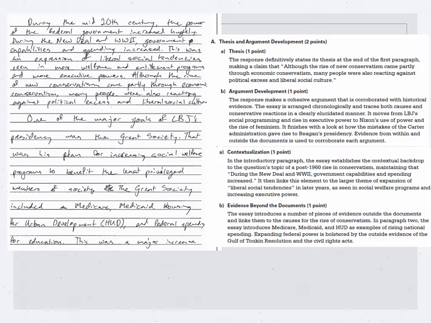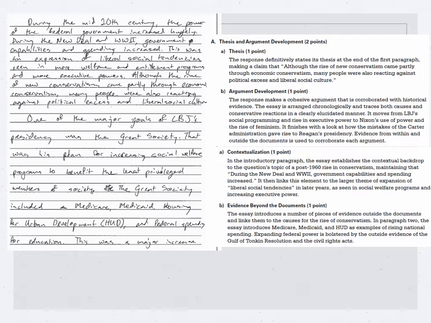So then the student is able to link this to the larger theme, and we talked about those APUSH themes of expansion of liberal social tendencies in later years as seen in social welfare and increasing executive power. So sometimes we get caught up in the idea that to contextualize we have to do a lot of work, but this student gives us a nice example of the ability to do that with a couple of sentences.